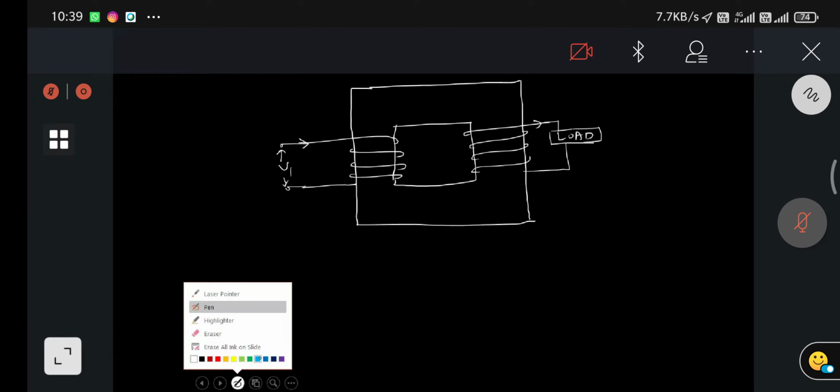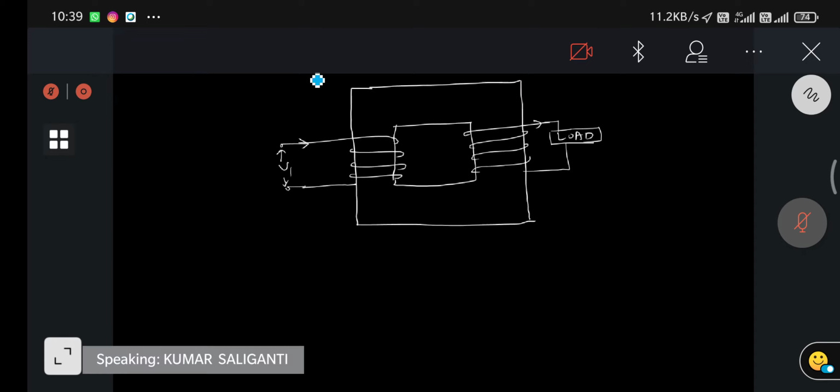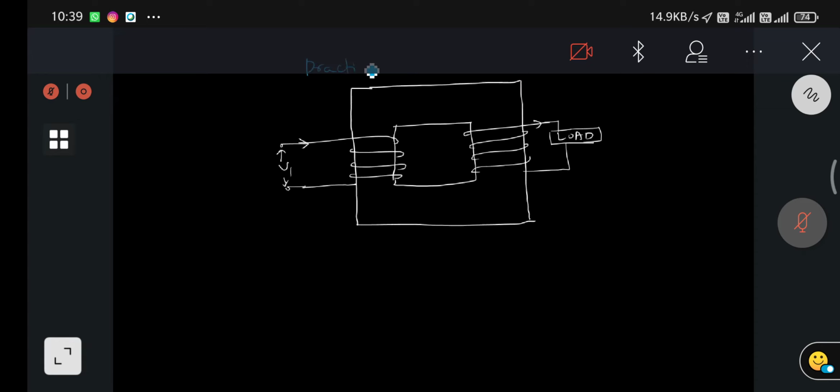Now you can see what I am saying here. When you are discussing the practical transformer, there is the no load condition and the on load condition.